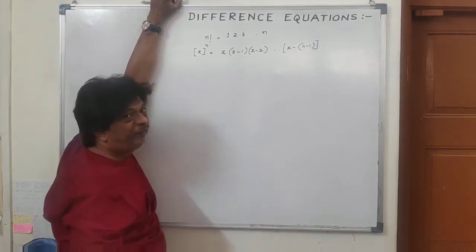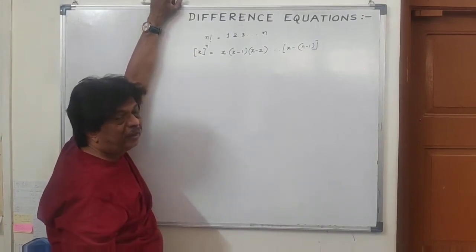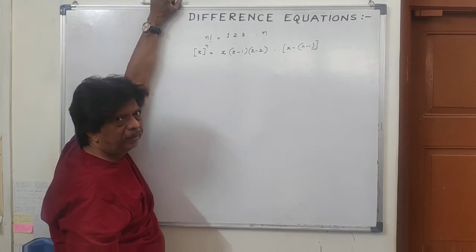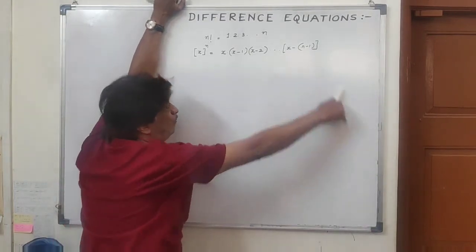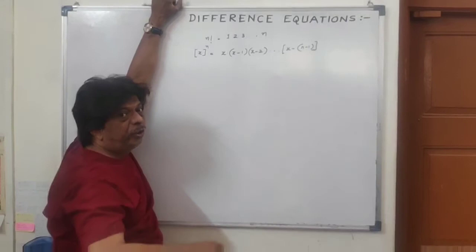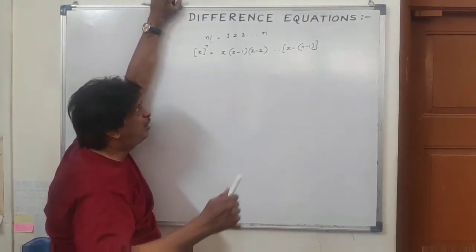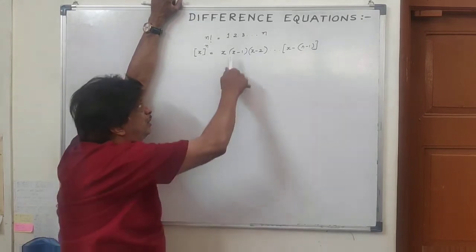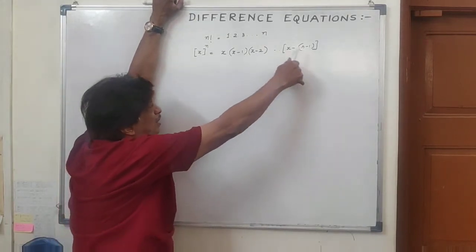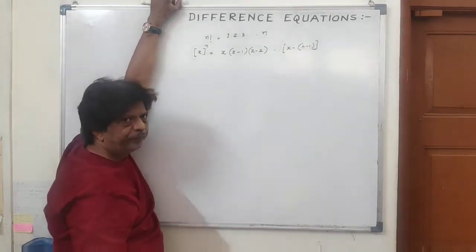That is how we define the factorial polynomial. These are n factors, each reduced by 1. x is the first factor, x minus 1 is the second factor, this is the third factor, and this is the nth factor.